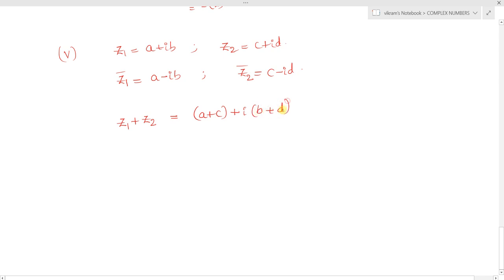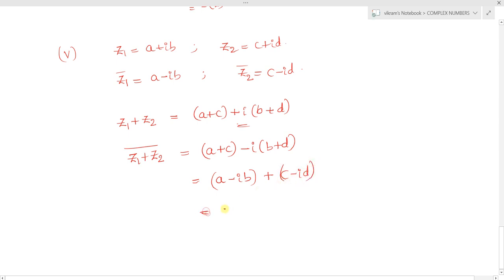So what is the conjugate of z1 plus z2? The conjugate of z1 plus z2 equals a plus c minus iota times b plus d. It is obtained by simply changing the sign of the imaginary part. If we expand this, what will we get? a minus ib is one term, plus c minus id is the other term.